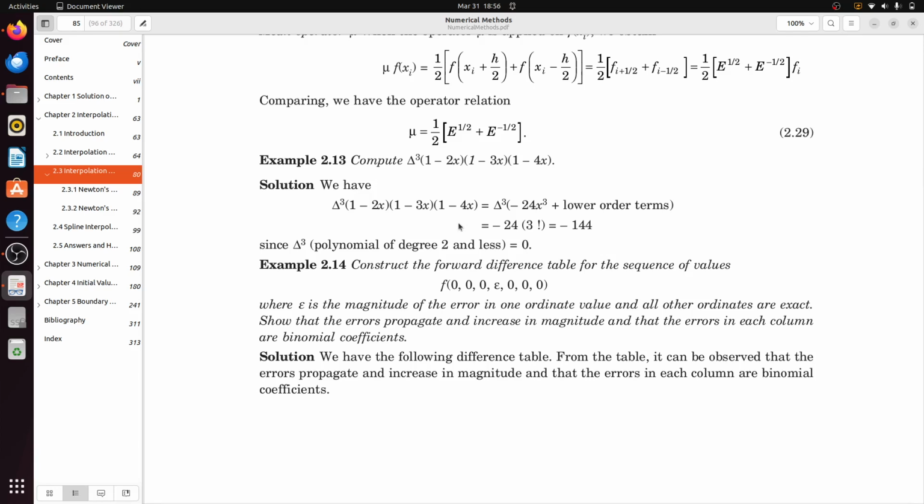So that is delta cube of minus 24 x cube plus lower order terms. So this is minus 24 into factorial 3, equal to minus 144.